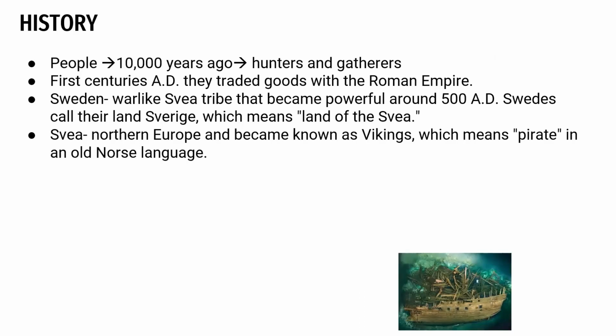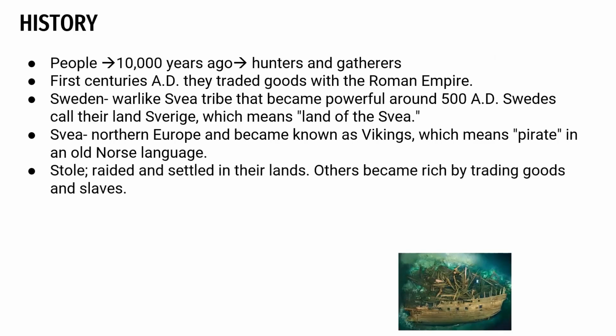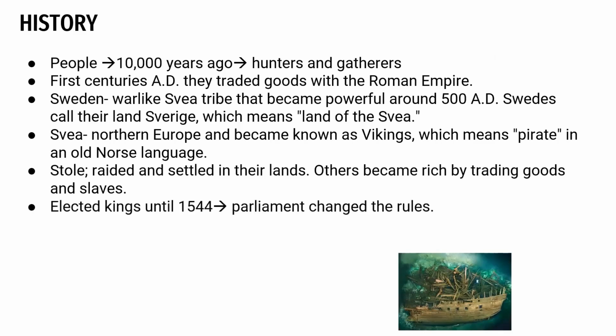They started conquering the northern European coasts, and they came to be known as Vikings, which means pirate in the Norse language, which is an old language. What they did, they raided people, and they stayed in places. As we all know, pirates, that's what they do. And other Vikings became rich by trading goods and slaves to other territories.